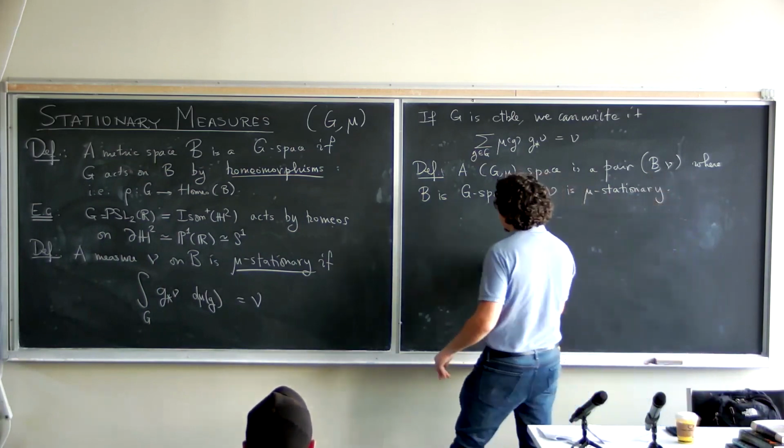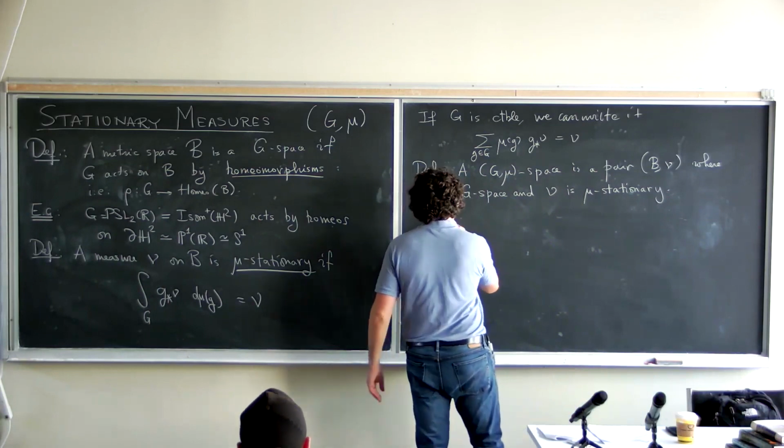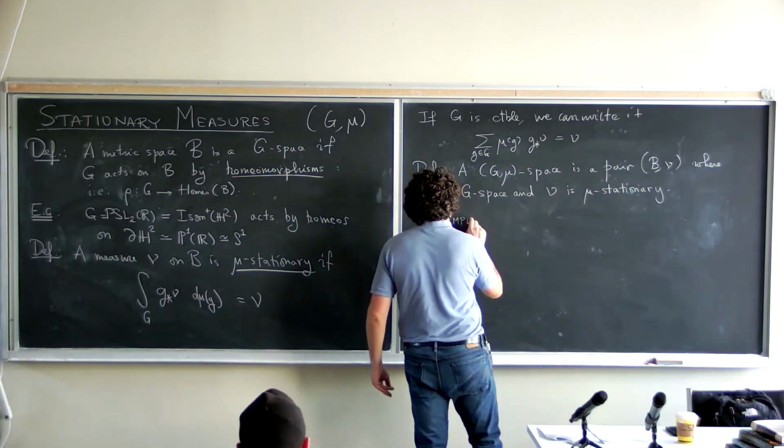So the best example is the Poisson boundary, the Hitten measure.